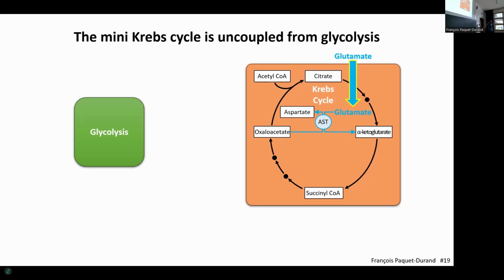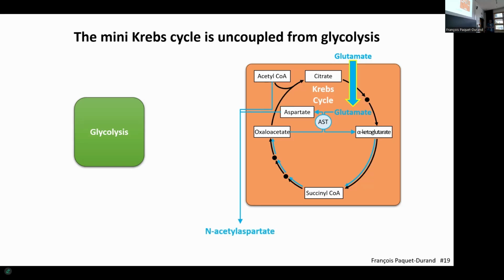Now, of course, if you keep on adding glutamate to it, you would end up having a lot of aspartate. And aspartate is not membrane permeable. You need to get rid of it, because otherwise it will fog up the works. So, how do we do this? Well, first of all, we can run the lower part of the Krebs cycle with alpha-ketoglutarate, delivering GTP and NADH and FADH equivalents.